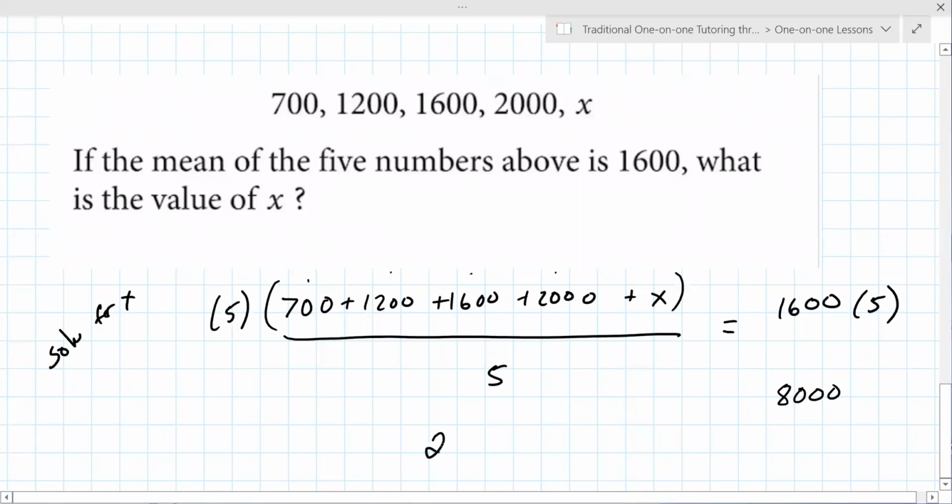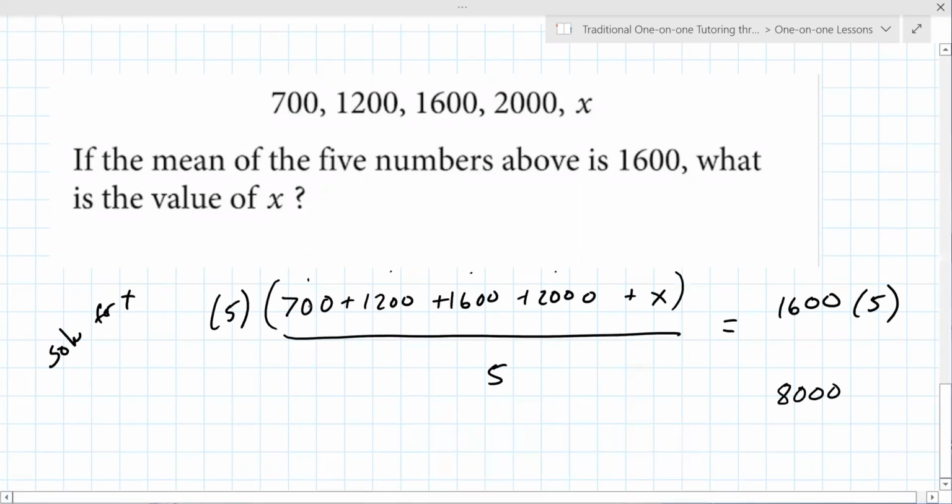27,500. Can't be that big. That's too big. Maybe 2750. No, that's not right. You've dropped a 0 somewhere. Go ahead and add these up one more time. Okay. 700.